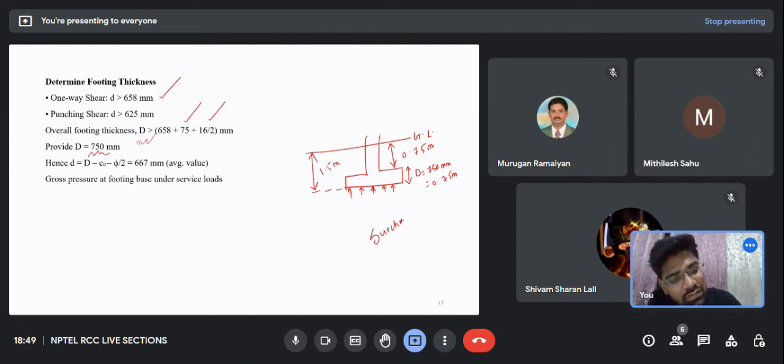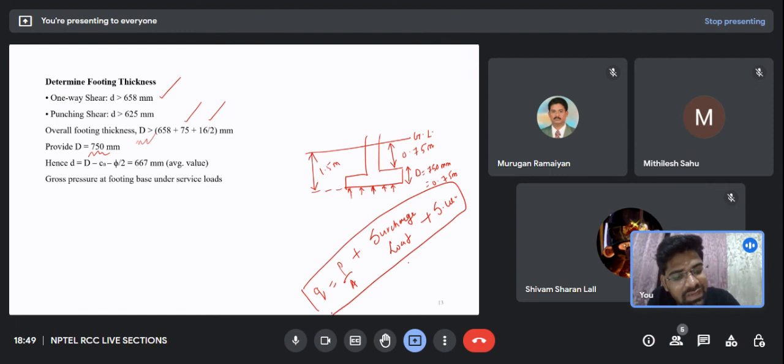I can find the surcharge load, and I can also find the self weight, and that I can add with the total P by A. So this would be the total pressure, and now I will compare this total pressure with 1.1 P by A, which I assumed in the previous slide.